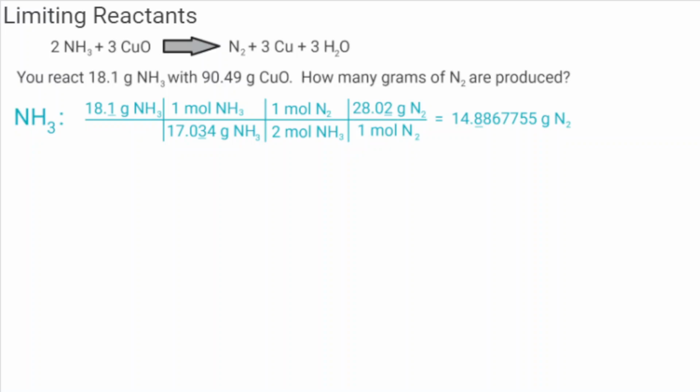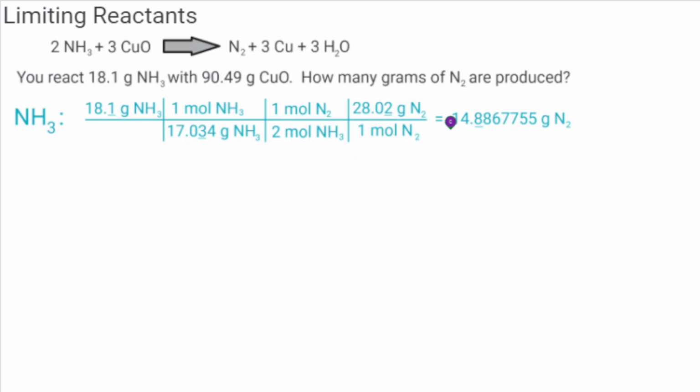Now for determining our significant figures, we have 3 significant figures here, 4 significant figures here. This is an exact equality, so it's not going to limit us at all. And then we have 4 significant figures here. Since this is multiplication and division, we're going to be limited by the one with the least number of sig figs, so the 3 significant figures given in the 18.1 grams of ammonia. So this makes our first 8 our last significant figure.